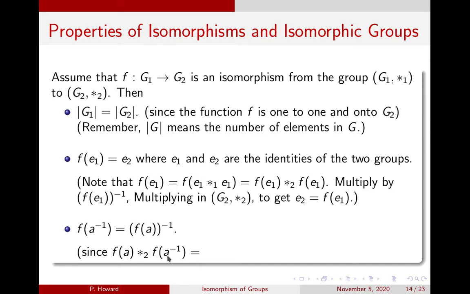If we get the identity, then we will know that f of A inverse is the inverse of f of A. Using the isomorphism equation, this is equal to f of A star 1 A inverse. A star 1 A inverse is the identity, and as we know from the previous bullet, f of the identity in the first group has to be the identity in the second group.